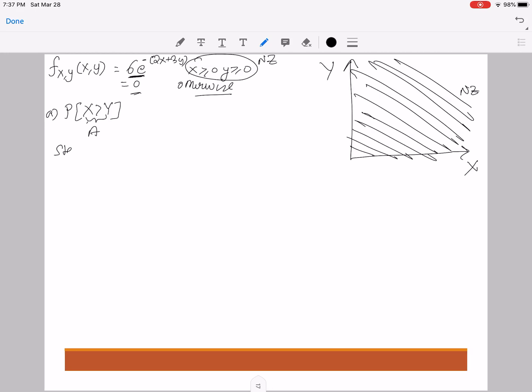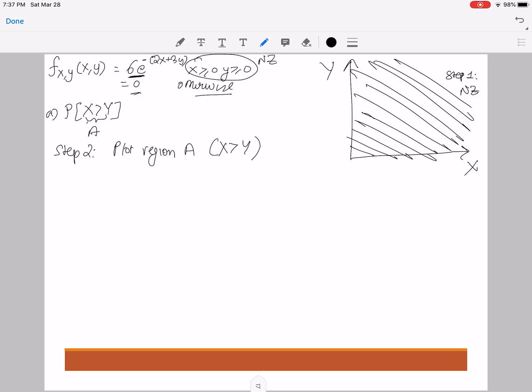Step 2 will be to plot region A. In this case, that region is x is greater than y. Whenever you have to plot such inequalities, it's always advisable to plot the equality relationship first.